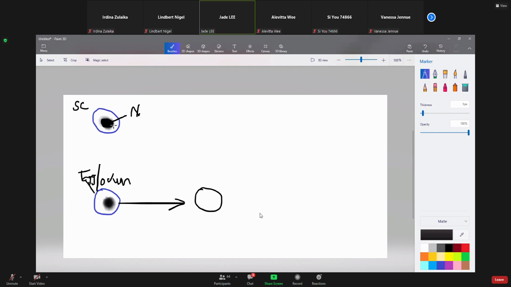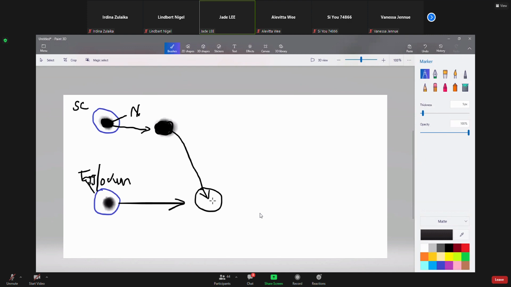Then they extract this nucleus, and by using electric force, an electric pulse, they push this inside here.